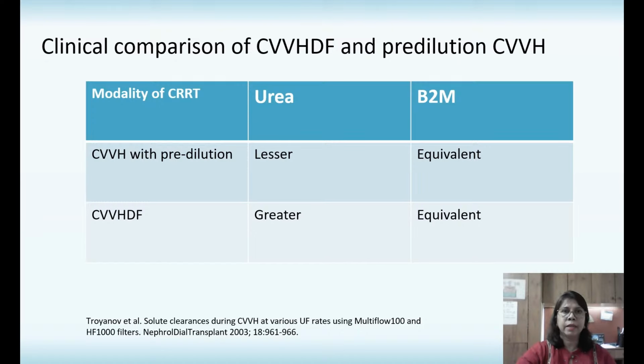As expected, urea being a small molecule, with hemodiafiltration there was more removal of urea. However, in beta-2 microglobulin, contrary to the expectations, in both cases, CVVH with pre-dilution as well as CVVHDF, there was an equivalent amount of beta-2 microglobulin removal.